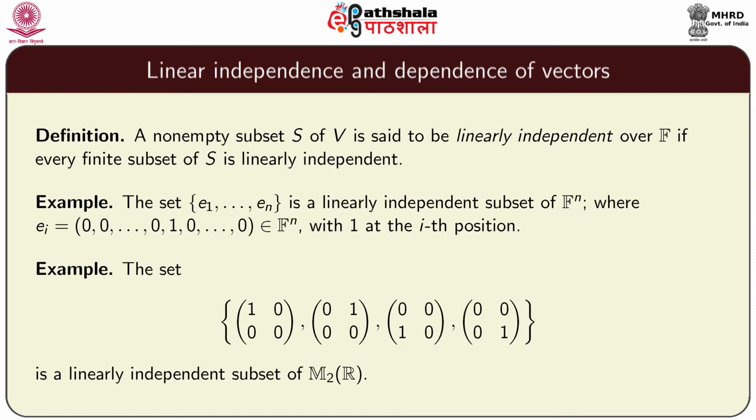But what is a1 e1 plus a2 e2 and so on up to an en? It is nothing but the n-tuple (a1, a2, ..., an), which is the 0 vector. That means a1 is equal to 0, a2 equal to 0 and so on, an is equal to 0. This proves that the set e1, e2, ..., en is linearly independent over F.